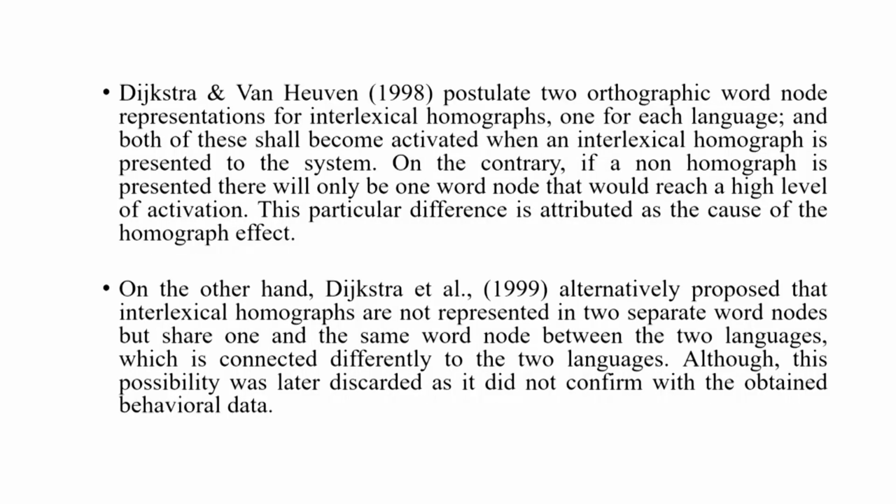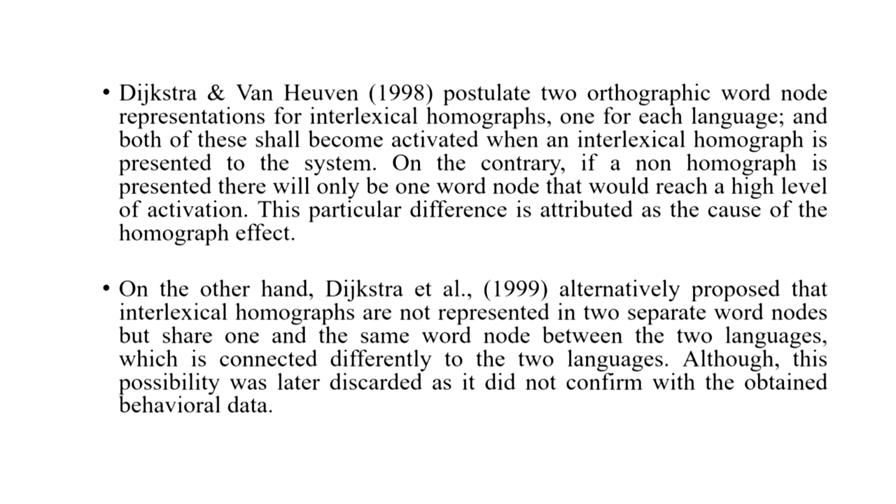Now, Dijkstra and Van Heuven postulate two orthographic word node representations for interlingual homographs. Now, coming to how this model accounts for the homograph effect. Dijkstra and Van Heuven postulate two orthographic word nodes for interlingual homographs, one present in each language.